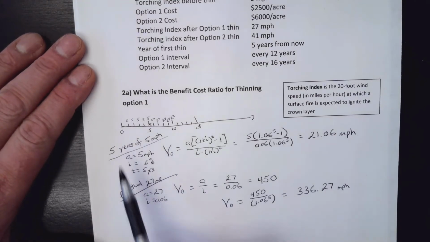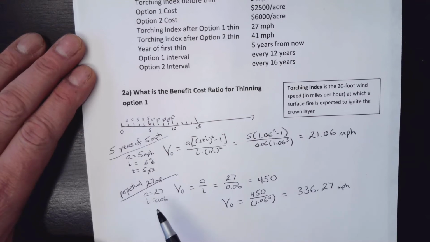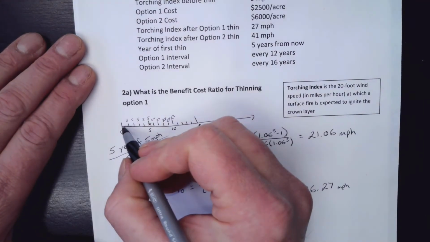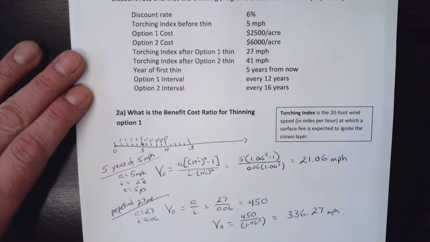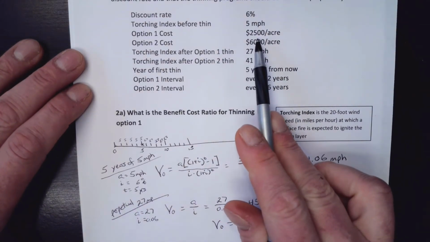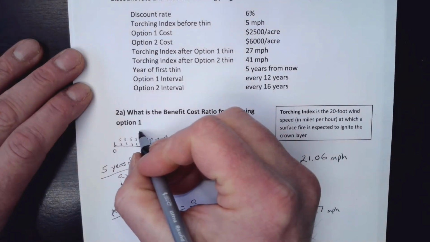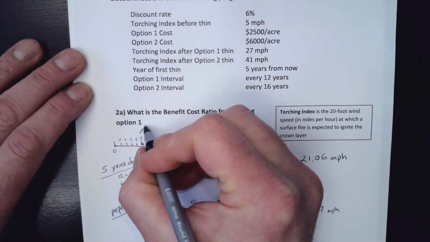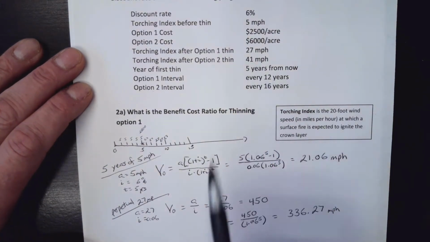So we've got the first 5 years, the perpetual after that we brought back to the beginning. So everything that we have benefit-wise is sitting here. Now we need to move on to our costs. So our costs are going to be 2,500, and it's going to happen here. 2,500 we pay, and then again every 12 years.